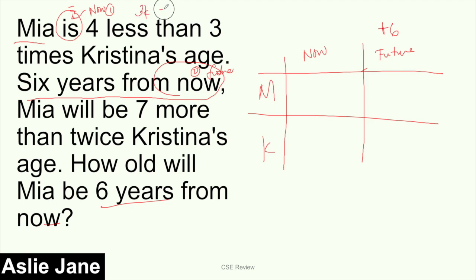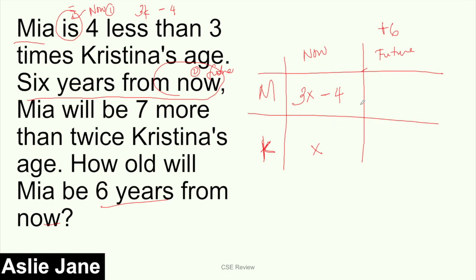Christina's age minus 4, yun ang edad ni Mia. Okay? Ibig sabihin nun, kung si Christina, okay, ay tawagin natin X years old, ang edad ni Mia is equal to 3 times nung X, which is edad ni Christina, minus 4. Okay? Diyan galing yung ating mga equation.